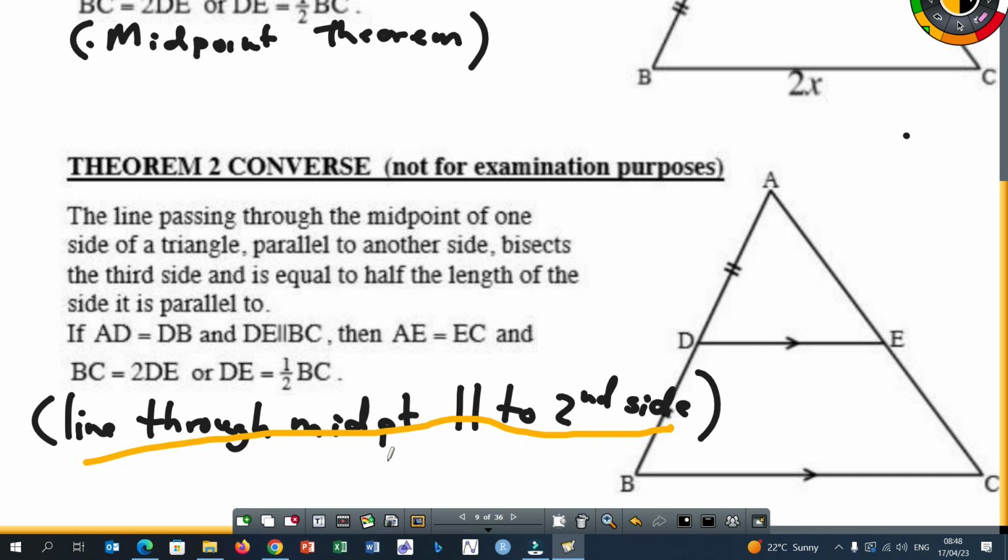Before you start answering any questions on the proportion theorem, you have to know your proportion theorem, your midpoint theorem, and also your converse of the midpoint theorem.